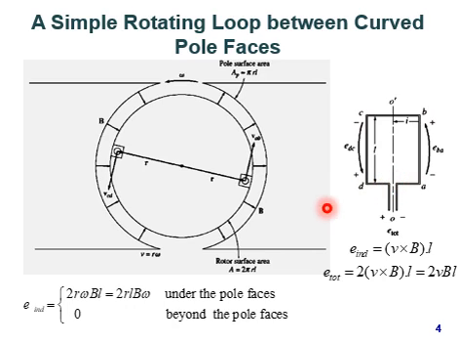Two of the sides would get the value 2 r L B omega if we combine them, and the other two would have zero value. If they are under the pole faces, they would have the value. If beyond the pole faces, then it would have zero value.